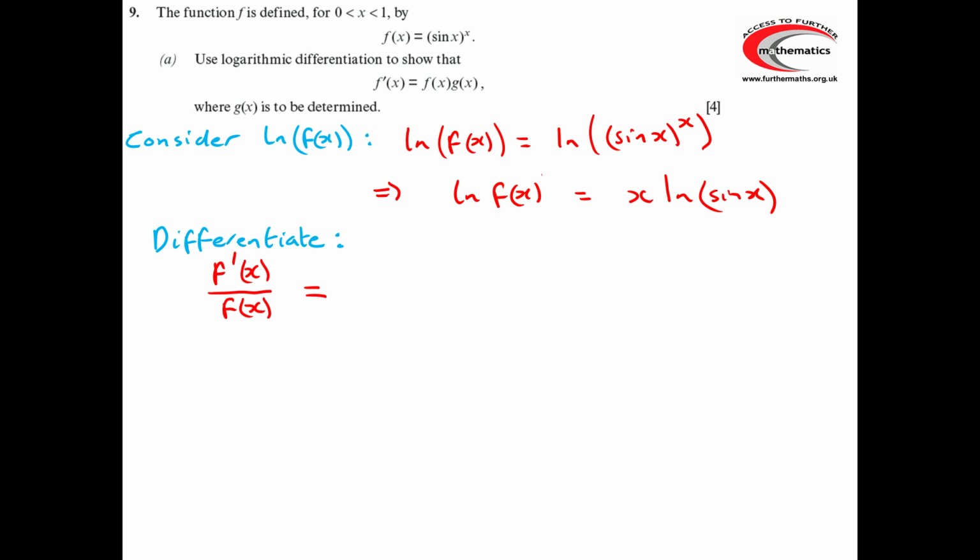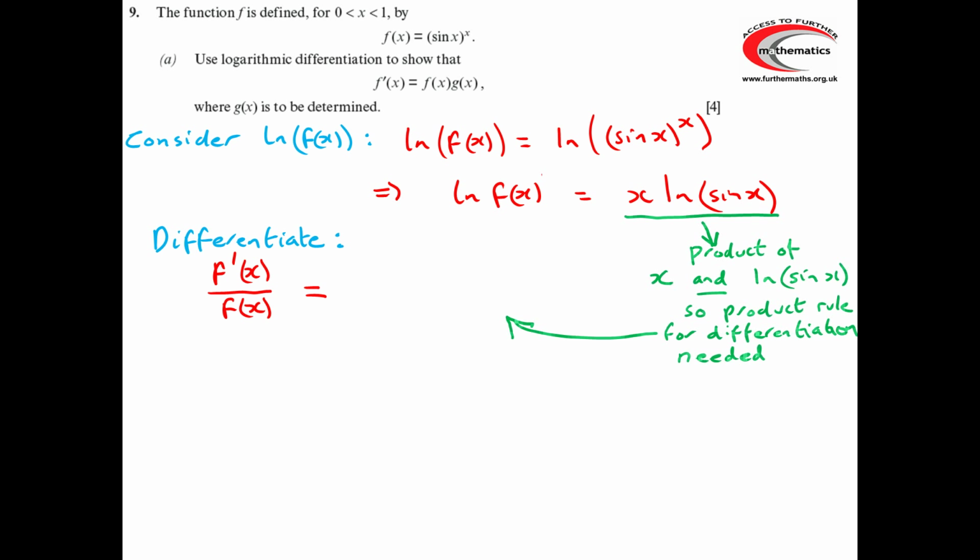So we obtain f dash x divided by f of x. We then need to differentiate the right-hand side. Now the right-hand side consists of x times logarithm of sine x. So we're going to have to use the product rule in order to do the differentiation of that.